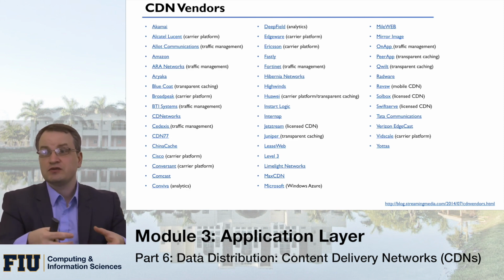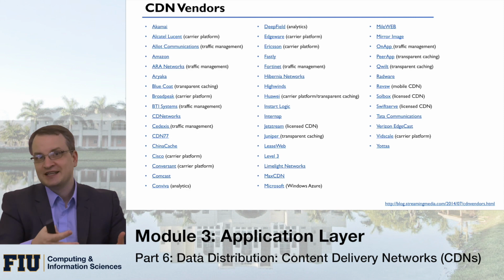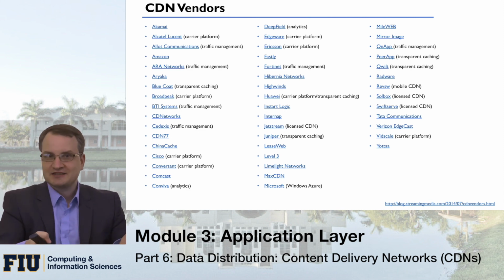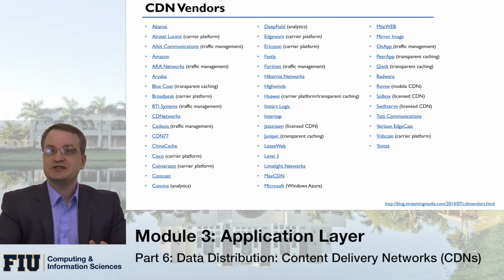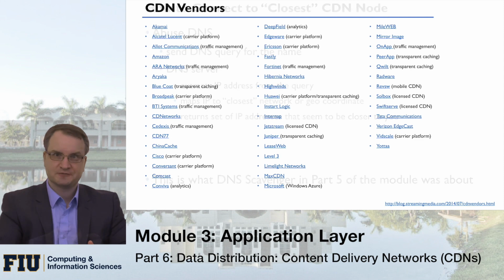They install their boxes inside those networks, and they are happy because they don't need to pay CDN vendors, and ISPs are happy because they don't need to pay for traffic or for the equipment and its maintenance, because companies like Facebook provide all that equipment and maintenance, and probably even pay some money to ISPs to put that box into the system. This slide just gives you a perspective of how many different companies are actually providing the service.